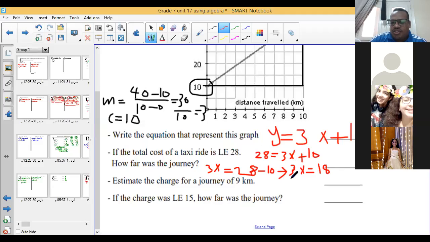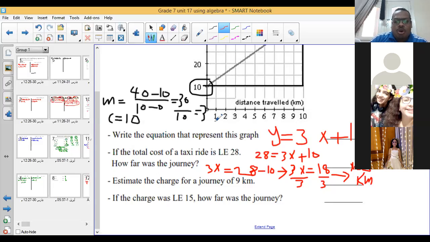Then we divide by 3 on both sides. So x equals 6 kilometers. Okay?